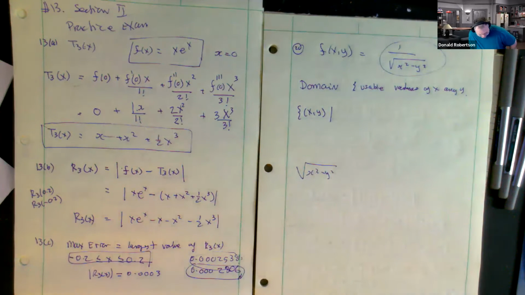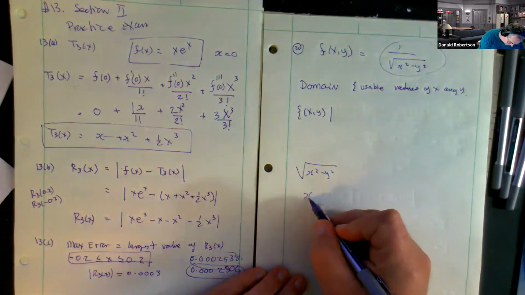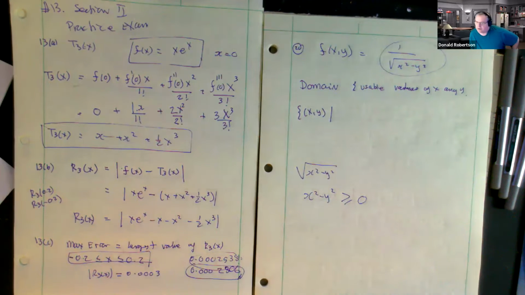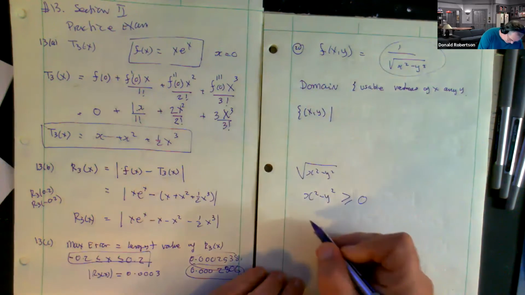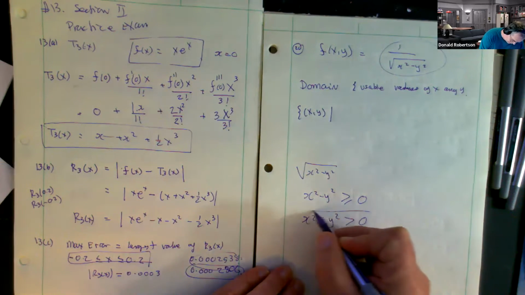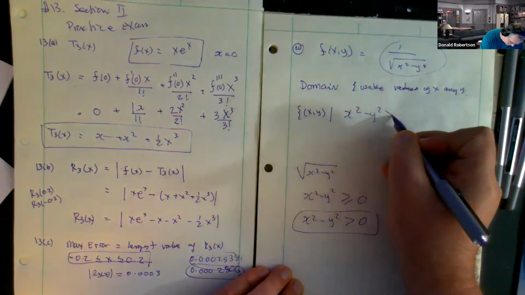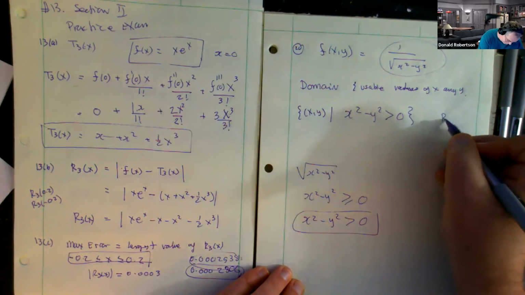Now, secondly, since it's inside the square root, I need to have that. Agreed? Whatever is inside the square root has to be greater than or equal to 0. But because I don't want the bottom to be 0, it means that I'm not allowed the 0. I'm allowed that. And so our domain is that one, which is B.